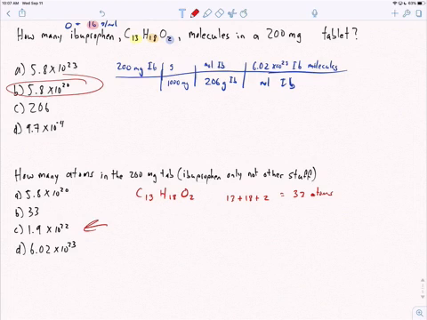And then we have 5.8 times 10 to the 20 IV molecules times 33 atoms per IV molecule. IV is ibuprofen. I don't want to spell it out each and every time.